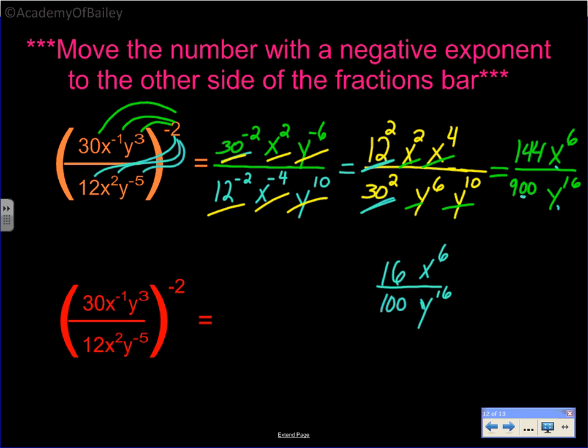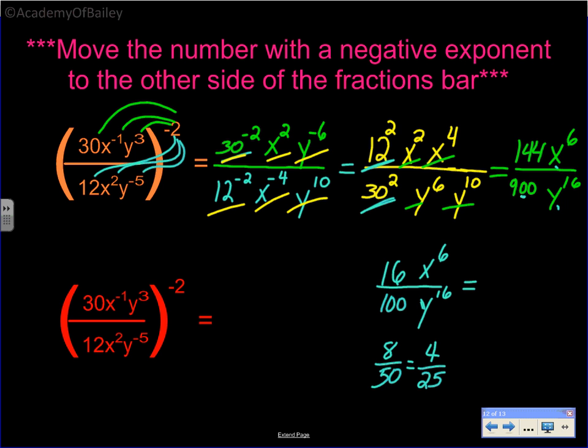And can we reduce any further? We can't reduce x and y because those are not like terms. But 16 over 100, we know they're both even numbers. So let's divide each one of them by 2. 16 divided by 2 will give you 8. 100 divided by 2 will give you 50. Both of those are also even, so dividing by 2 again. 8 divided by 2 is 4. 50 divided by 2 is 25. 4 and 25 are not both even, so you can't divide them by 2.